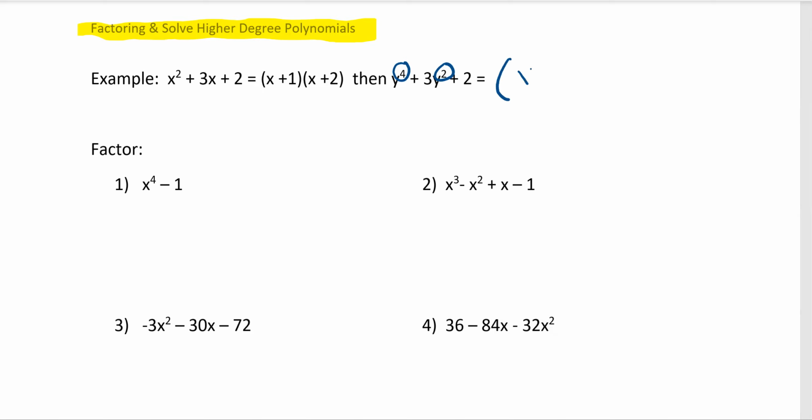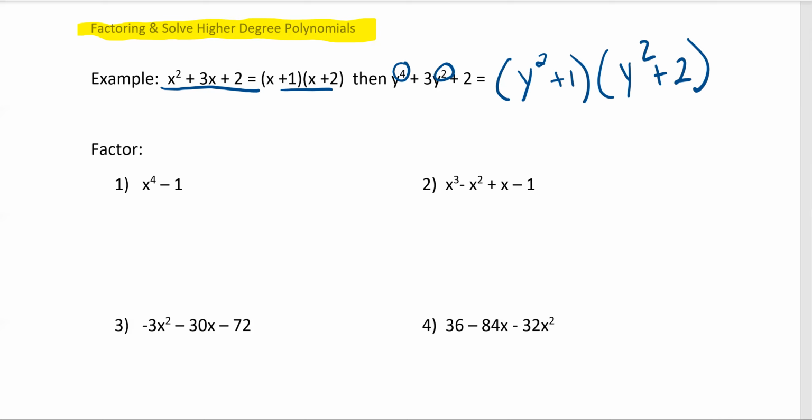This will factor into y squared plus 1 and y squared plus 2. The same pattern for our x squared plus 3x plus 2 can be applied when we have y to the fourth. My advice to you is to always multiply it back together to make sure you get the original.